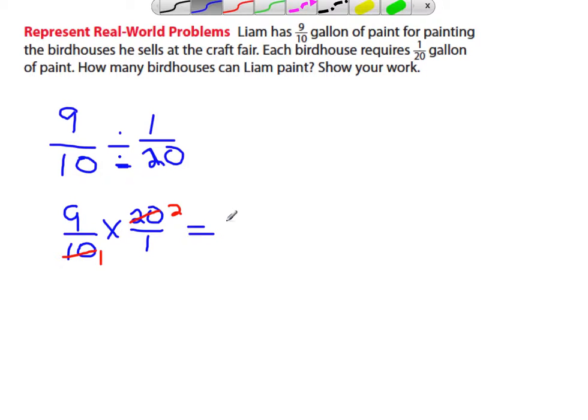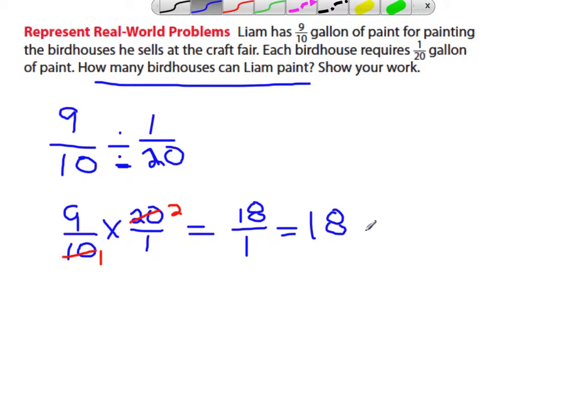9 times 2 is 18. And then I have 1 times 1 is 1. So my simplified answer is 18. And how does this relate to our actual question? It says, how many birdhouses can Liam paint?